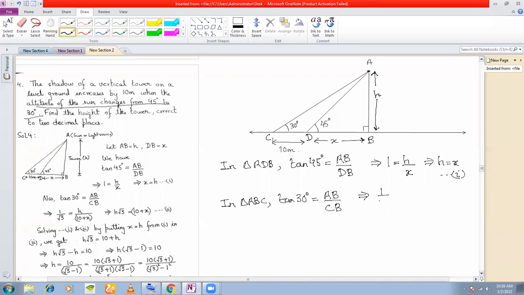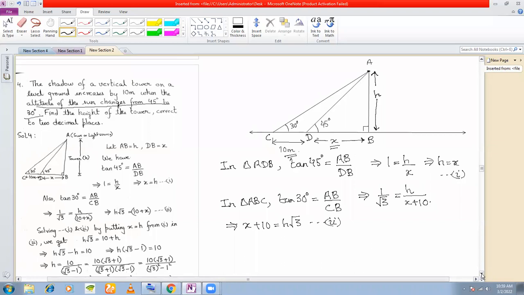So tan 30 is 1 by root 3, and AB is H. And what is the length of CB? CB is this entire length, X plus 10. So you cross multiply. X plus 10 is equal to H root 3. This is your second equation.